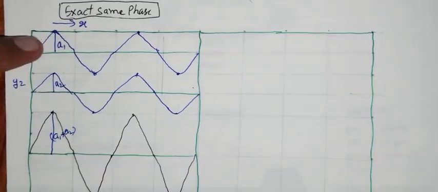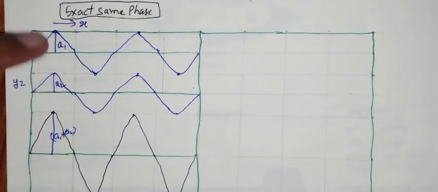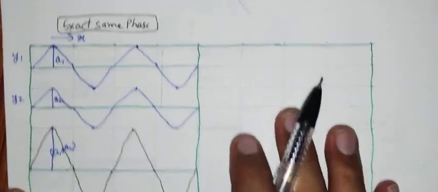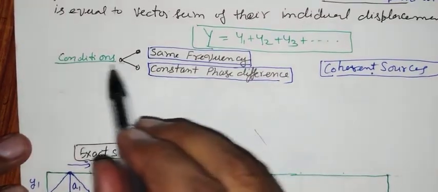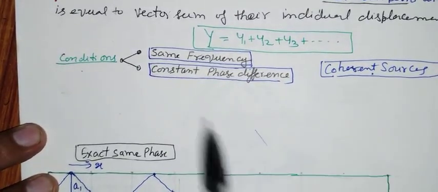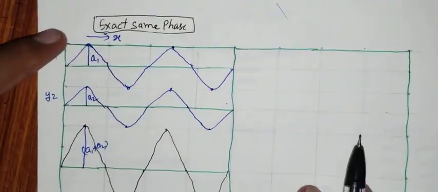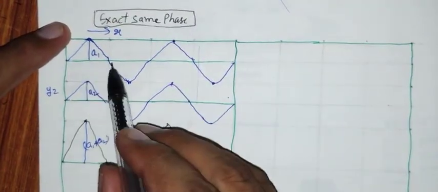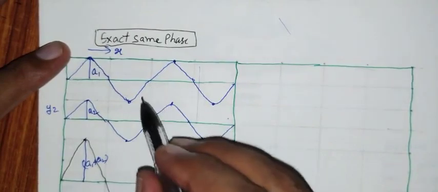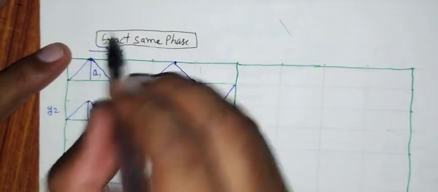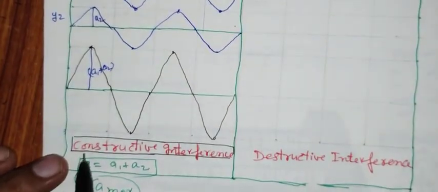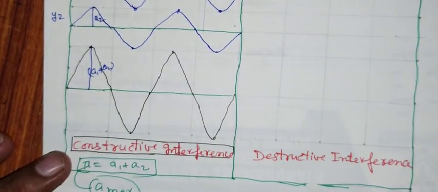See, these two waves have the same frequency and constant phase difference, which are the conditions for sustained interference. When this occurs, with the same frequency, same wavelength, constant phase difference, and one more condition, if they meet in exactly the same phase, constructive interference, that is the position of the bright fringe, is obtained.